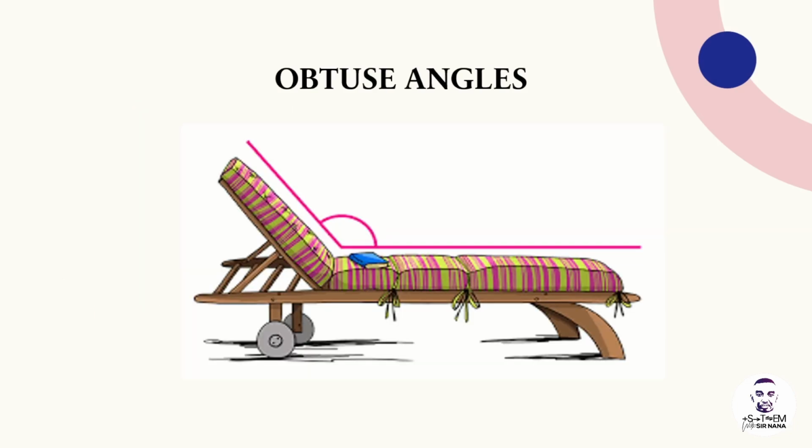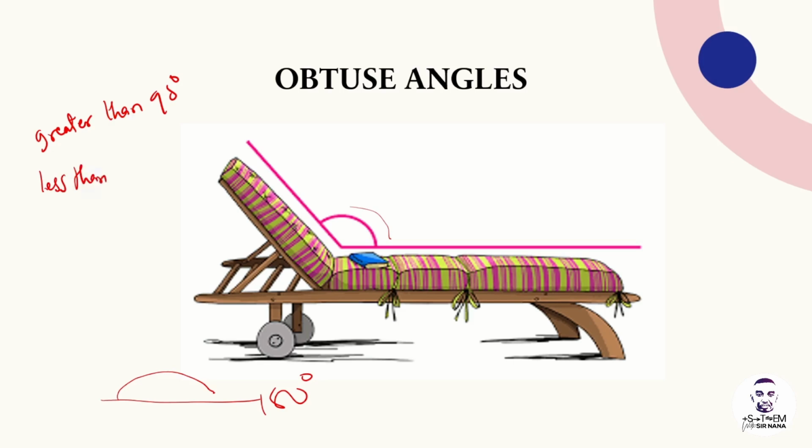Now let's consider an obtuse angle. Look at this nice bed that has been tilted a little bit. The angle here is greater than 90 degrees, but it's also not an angle on a straight line, which is an angle of 180 degrees, right? So any angle that is greater than 90 degrees but less than 180 degrees falls within an obtuse angle.